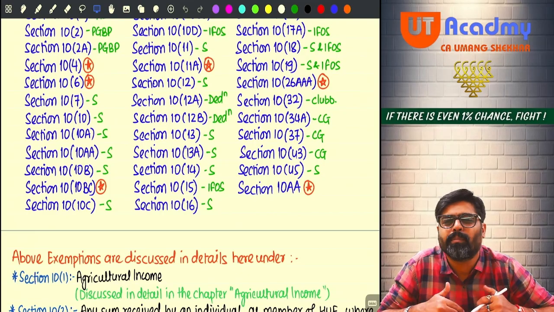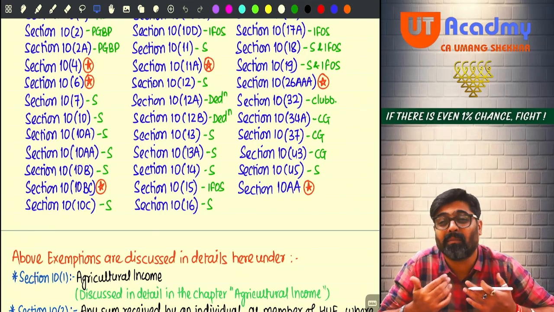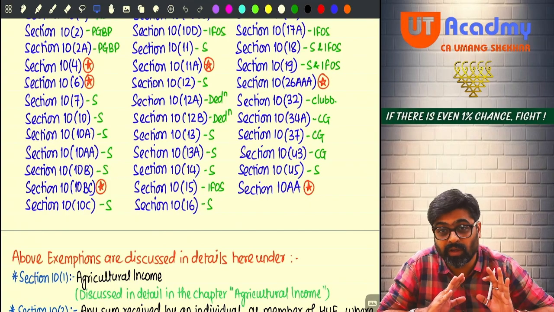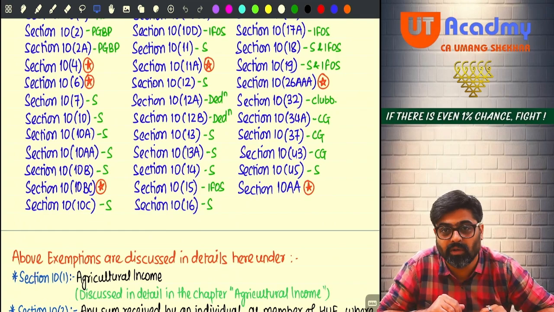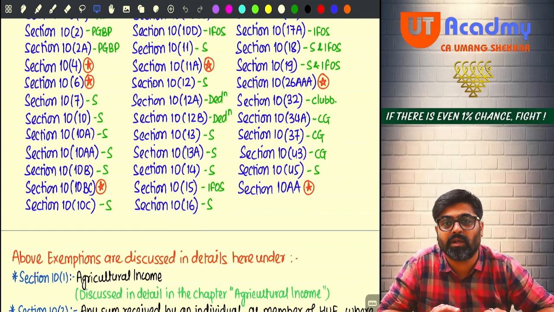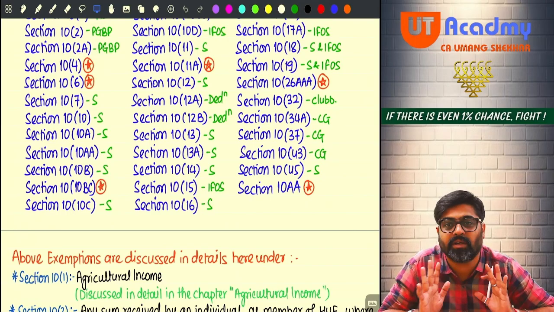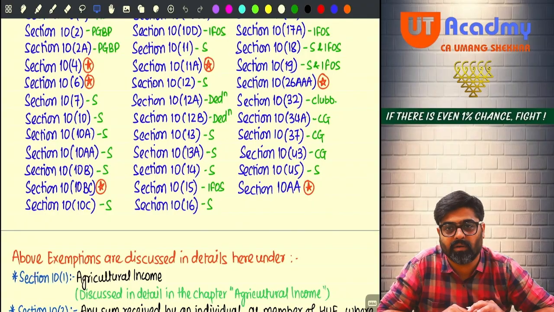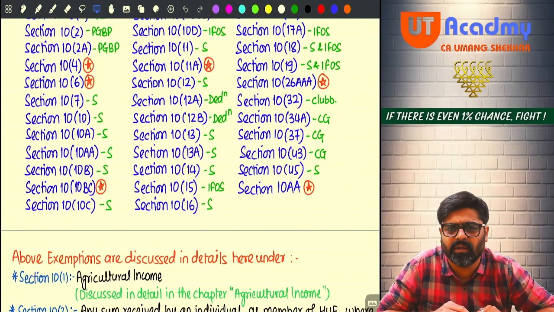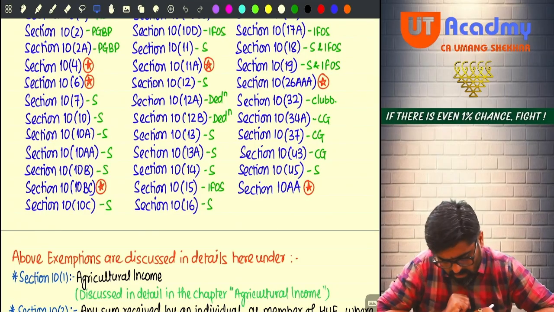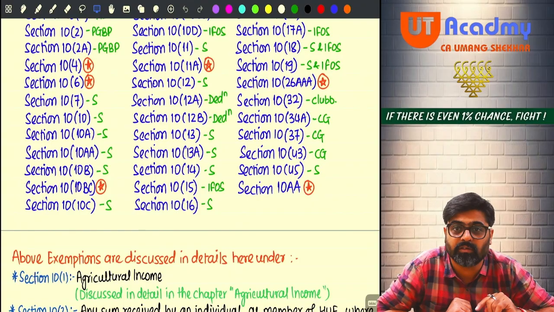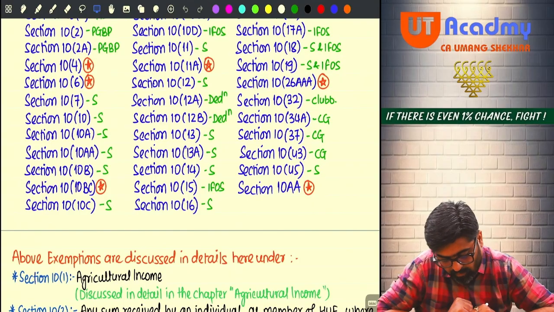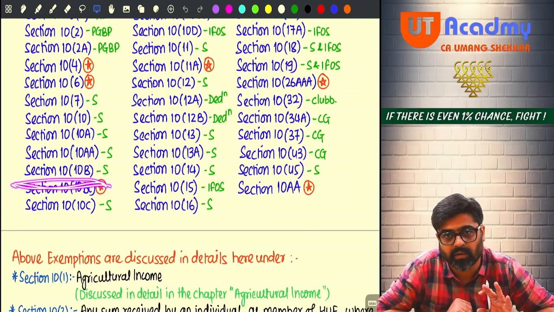People will lose their lives, they will become handicapped, so they are usually going to get compensation from the government or local authorities. Any compensation received or receivable on disaster from the government or local authority is fully exempt. 10.10 BC. This I already told you under the head IFOS, while solving the questions, as one illustration. So this I am not going to discuss. This is already done.